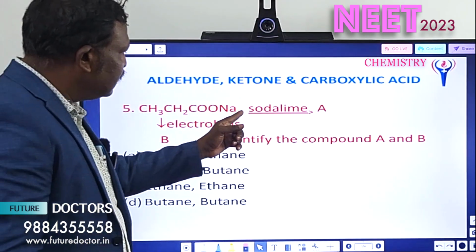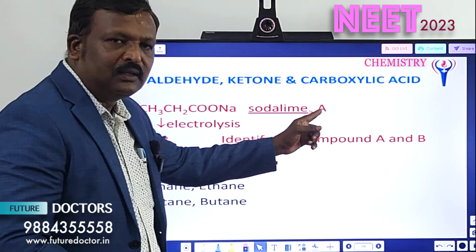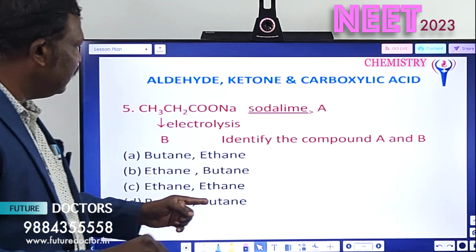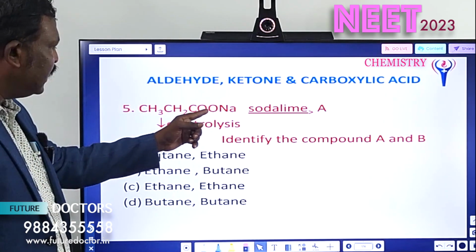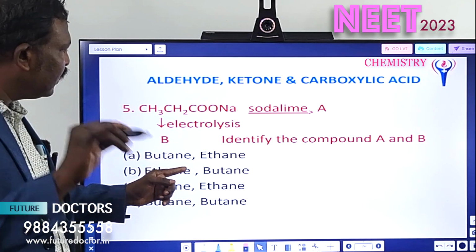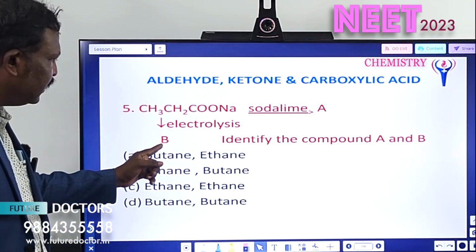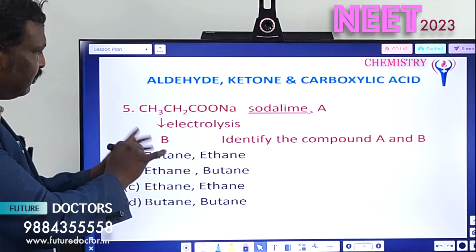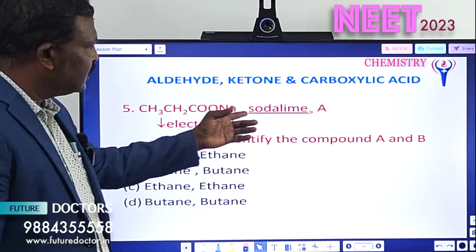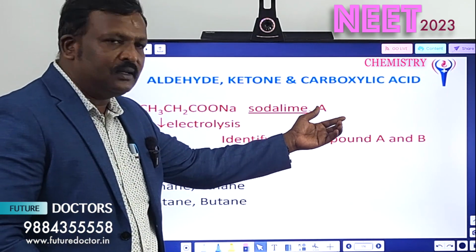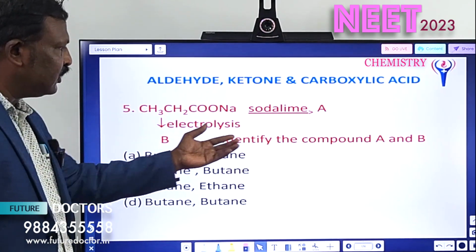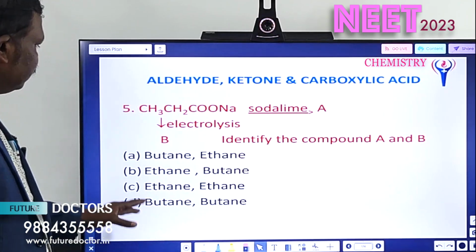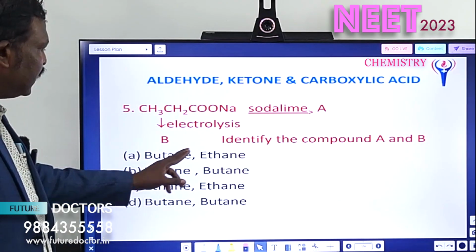CH3CH2COONa, if we put soda lime, we get A. At the same time, the same compound CH3CH2COONa on electrolysis gives B. If it undergoes decarboxylation we get A, and if it undergoes electrolysis we get B. We have to find out A and B. Option A, butane and ethane.